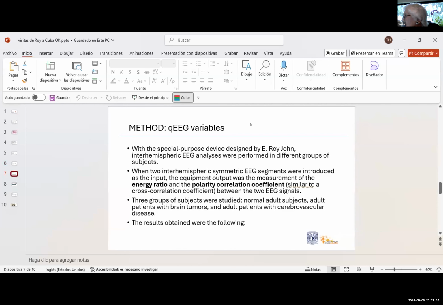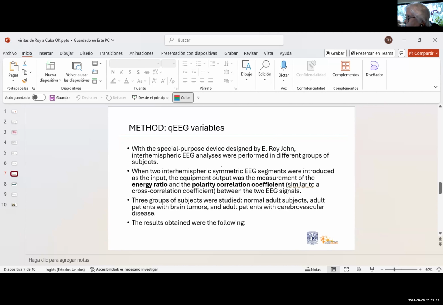This symmetry analyzer was designed by Professor Rojon, and it is a special purpose device which measures the interhemispheric EEG activation by different groups. We were using this interhemispheric symmetric EEG, in which we can introduce two signals as the input.